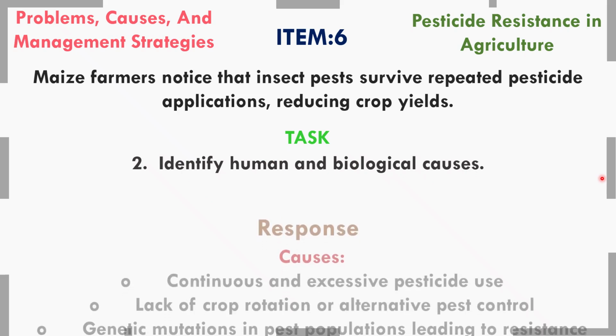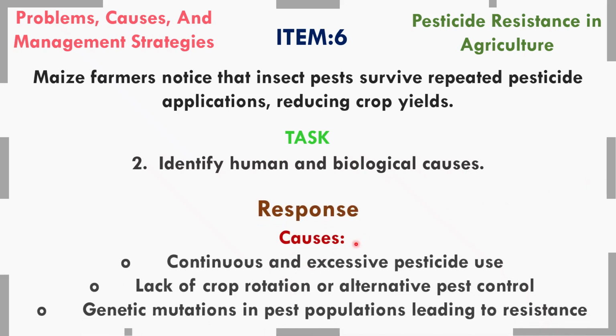The causes: there is continuous and excessive pesticide use, lack of crop rotation or alternative pest control, genetic mutations in pest populations leading to resistance.